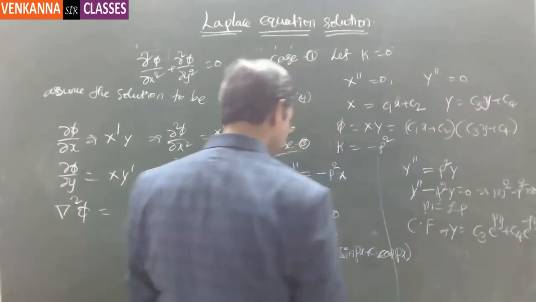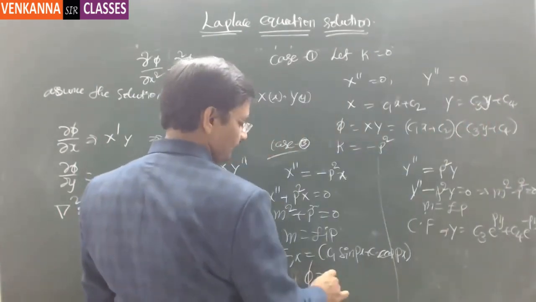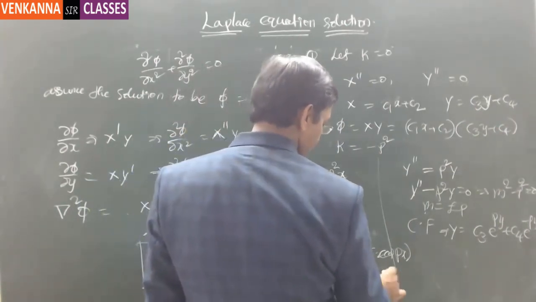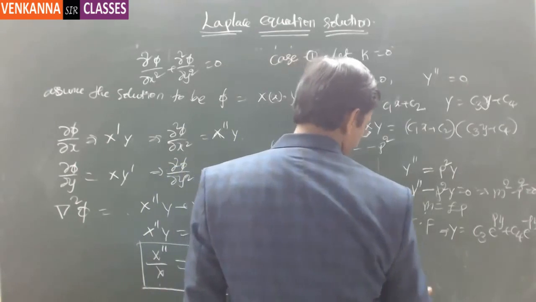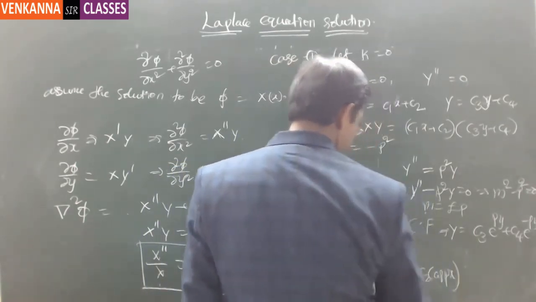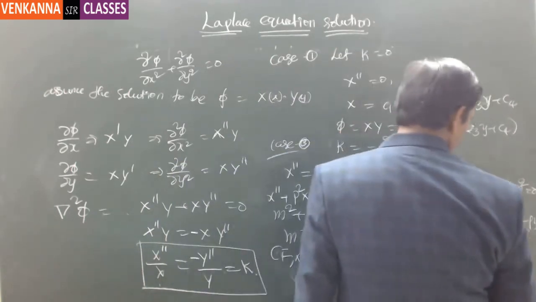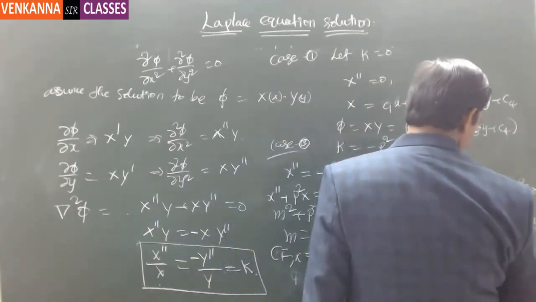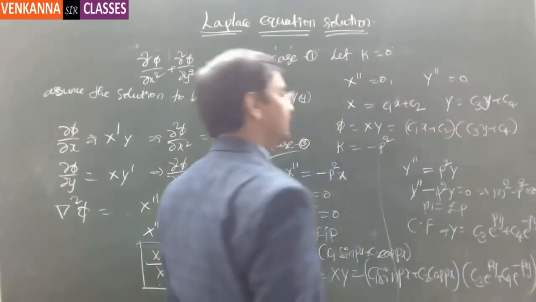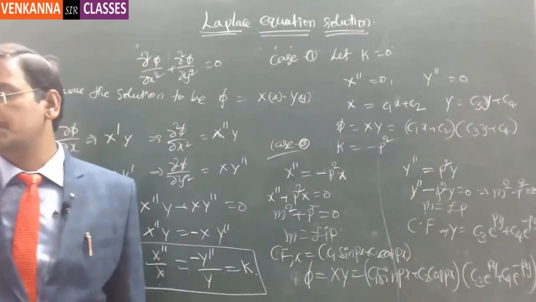So the final solution phi is equal to x into y is equal to c1 sin px plus c2 cos px multiplied by c3 e power py plus c4 e power minus py. Got it? So this is the solution. Now out of all the three solutions, we have to select it.